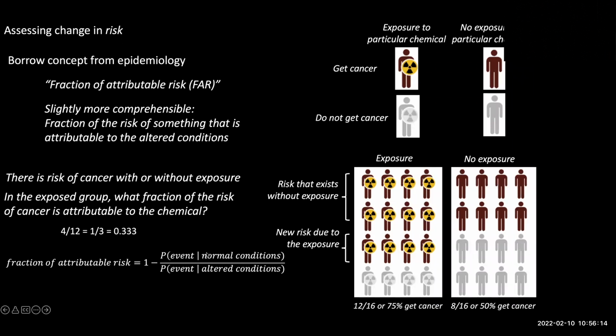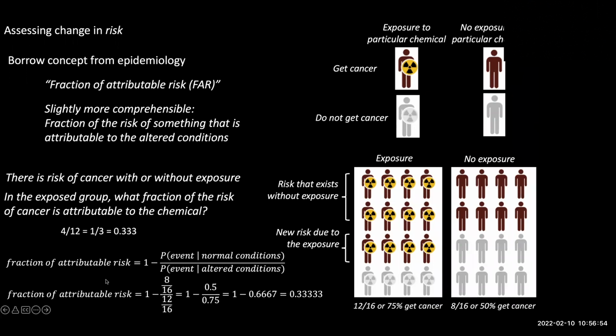This is a shorthand way of talking about probabilities that you'll see in statistics textbooks. All this means, this P means probability, and the parentheses are read as the probability of the event under normal conditions divided by the probability of the event under altered conditions. Normal conditions would be no exposure, and altered conditions is exposure. And for probability, we're just counting, looking at the frequency or the fraction of people in both groups. And the event here would be cancer.